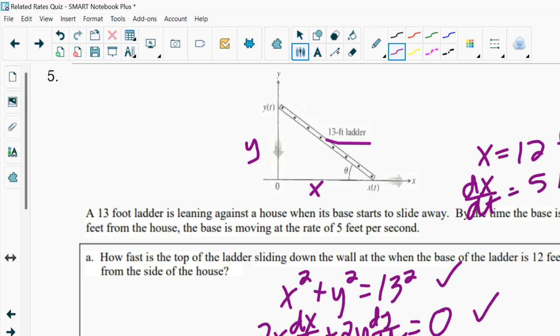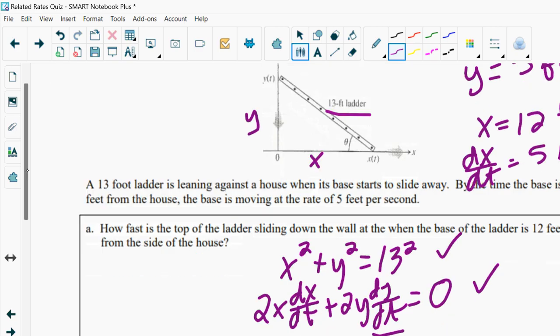What we're trying to find is the rate that this part is moving, so we're trying to find dy over dt. We don't have y, but we can use the Pythagorean theorem, and I think you get 5, because 5, 12, 13 is a Pythagorean triple, or you could just do the Pythagorean theorem to get that.